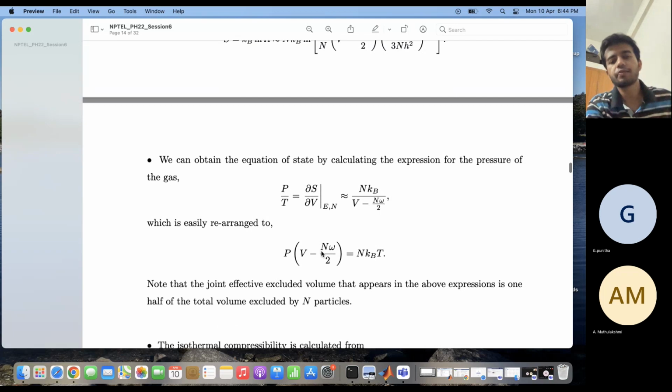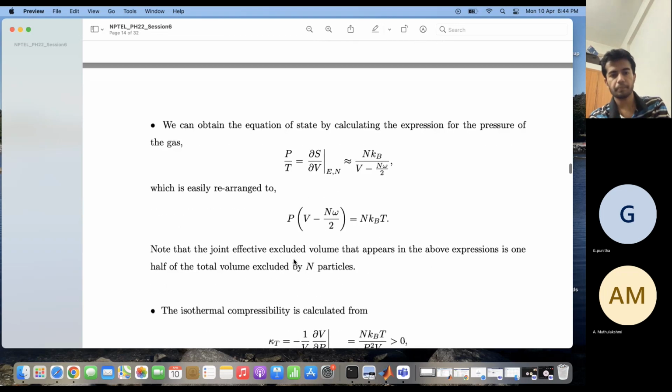Therefore, the equation of state is P into (V minus N omega by 2) equals N k T. Here is the volume correction which comes out because of the volume of the hard spheres. If I had considered this to be an ideal gas, then omega would be 0 and I would get the ideal gas equation of state, that is, PV equals N k T.